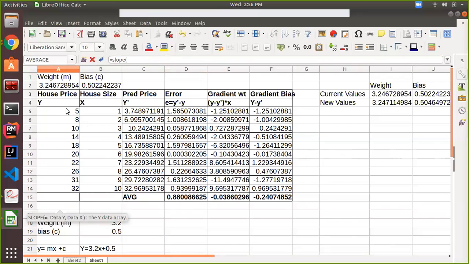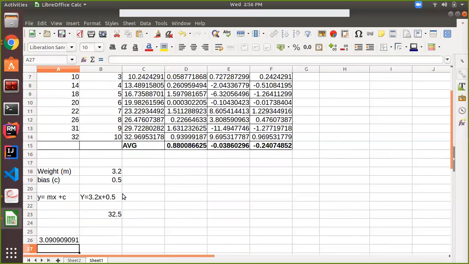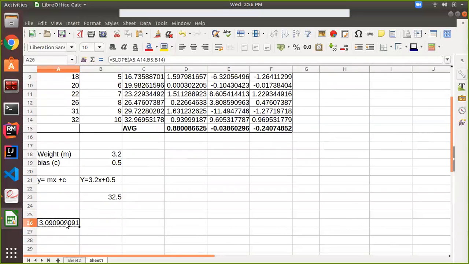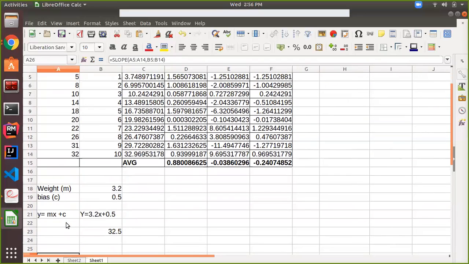So data y is our house price. In data y we always select the dependent variable, okay. Then after that you select the data x, which is the independent variable house size. So like this you select, and once you select, it will show you the slope, okay.